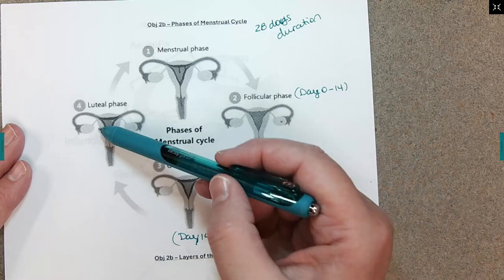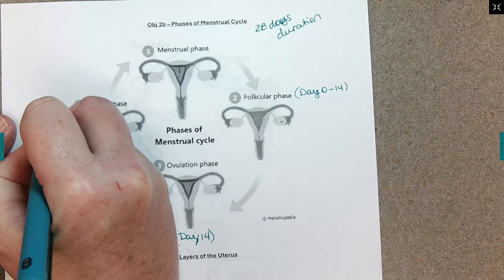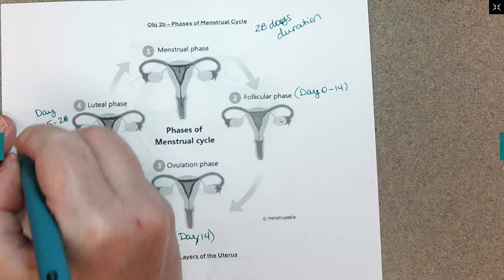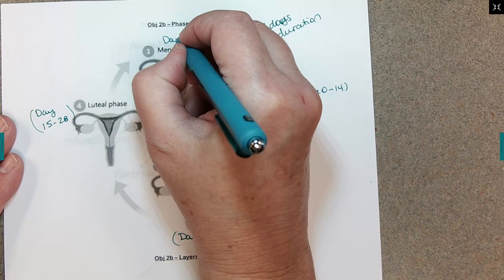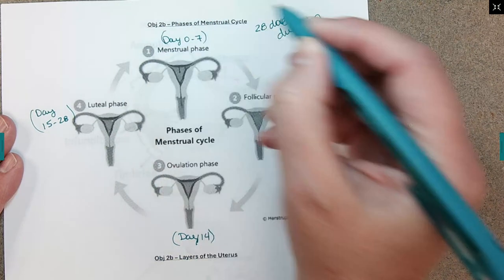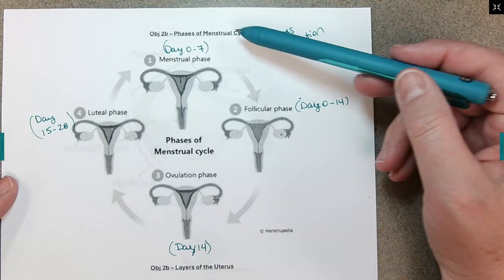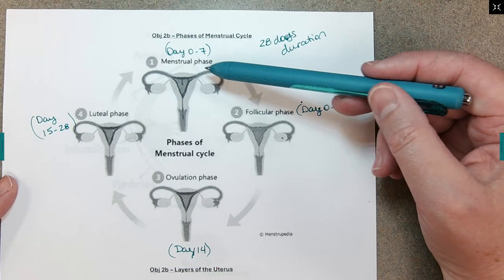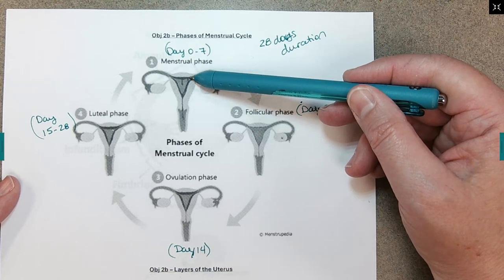And then the luteal phase is going to go from day 15 to day 28. The menstrual phase is going to go from day 0 through day 7. So I told y'all there was a little overlap going on here. So the first 7 days of the follicular phase is actually menstruation, okay?